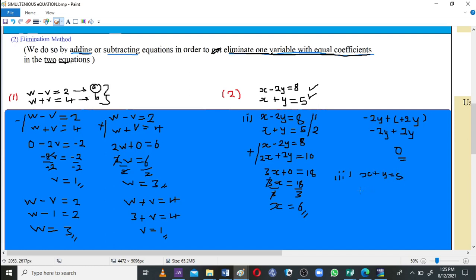So substituting x with 6, I have 6 plus y is equal to 5. Okay, so I'm going to have y is equal to 5 minus 6, which will give me y is equal to 1, I mean, that's negative 1.